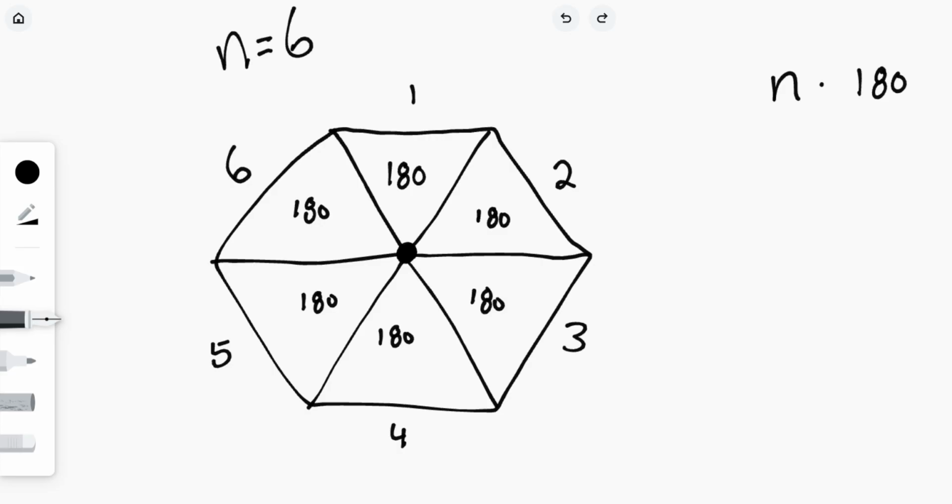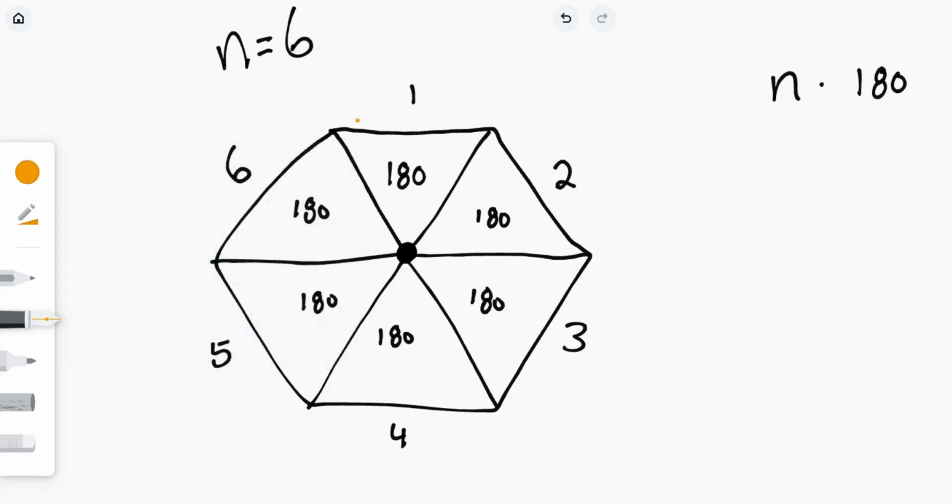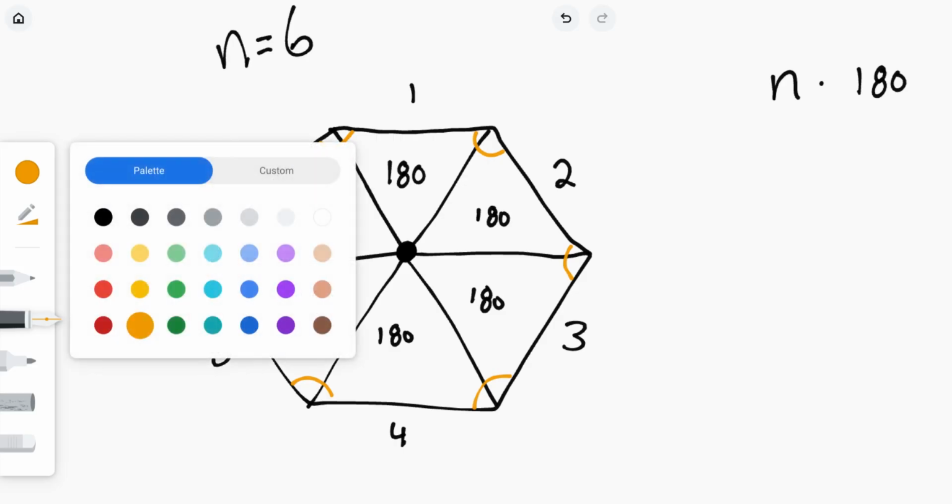That is counting all of the angles. It is counting the ones I'm about to label here in orange, this angle here, this angle here, this one, this one, this one, and this one. The ones in orange I just labeled are all of your interior angles of that polygon. However, the triangles that I just added together and multiplied by 180 are counting more than what we want.